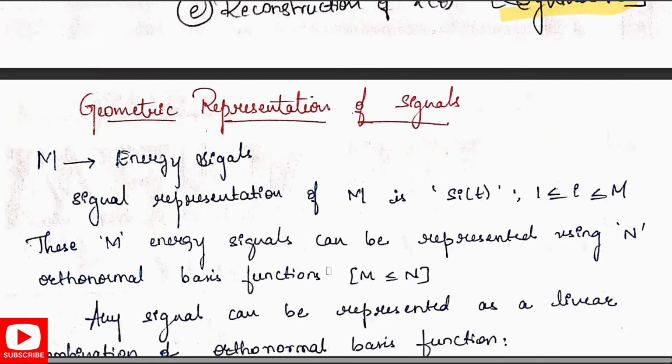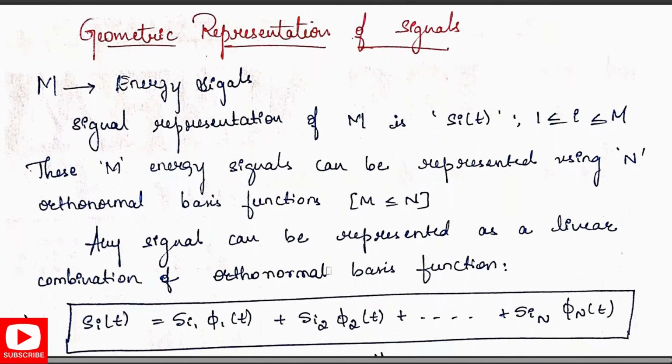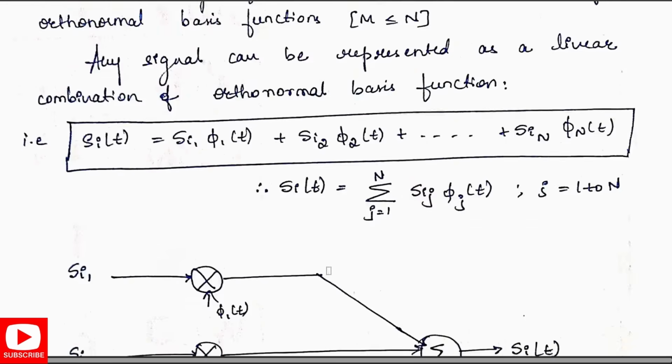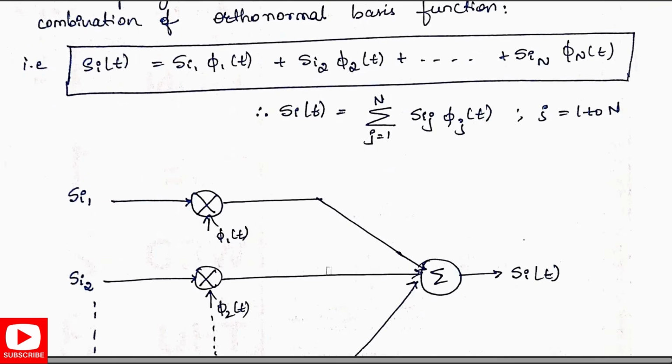Okay. Next is the geometrical representation of signals. Consider M energy signals. The signal representation is given as Si of t, with i varying from 1 to M. So these M energy signals can be represented using N orthogonal basis functions, where N is less than or equal to M. Any signal can be represented as a linear combination of these basis functions. So Si of t is given as the summation of j equal to 1 to N of Sij phi j of t.